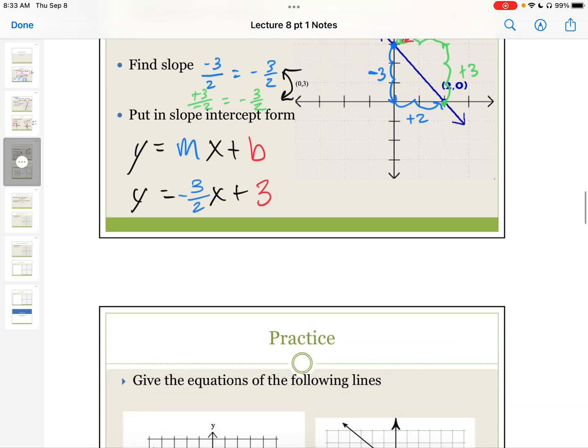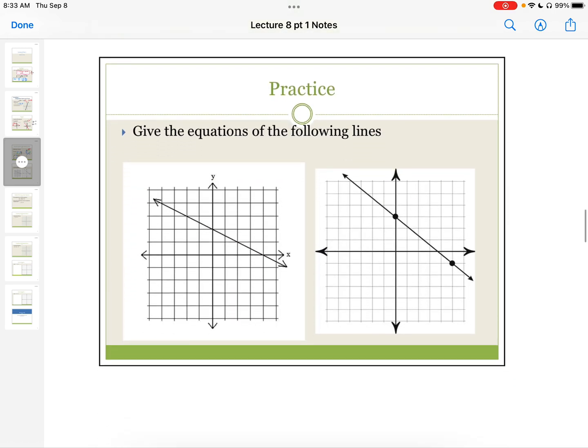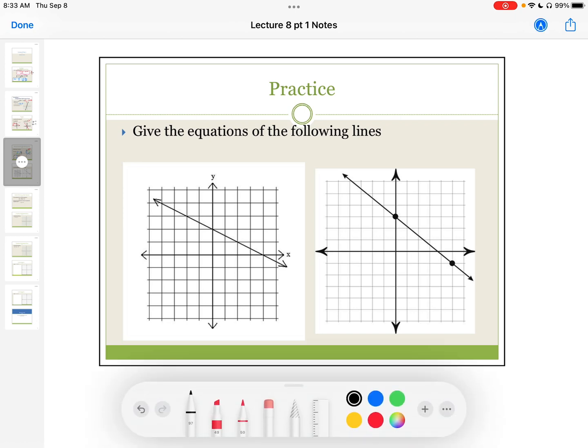Last thing I want you guys to do on this video, okay, I've got 2 lines down there for you. Pause the video, tell me what the equation of those 2 lines are. Okay, hopefully you guys have that video paused. Going through this here, starting out identifying our y-intercept. So for this one here, our y-intercept would be 2. Okay, now I need to find the slope. Well, I can see it crosses right there at 2.